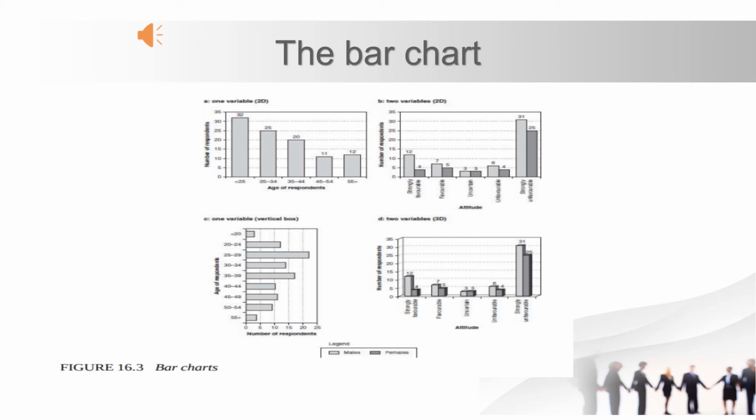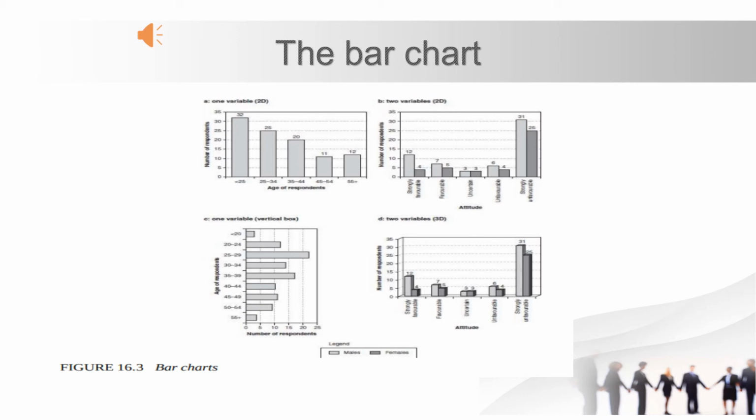However, as illustrated, it is possible to display the discrete categories along the y-axis. The bar chart is an effective way of visually displaying the magnitude of each category of a variable.